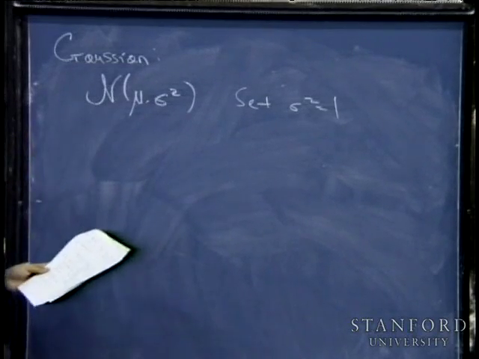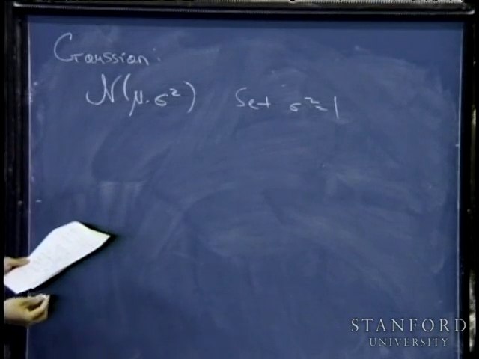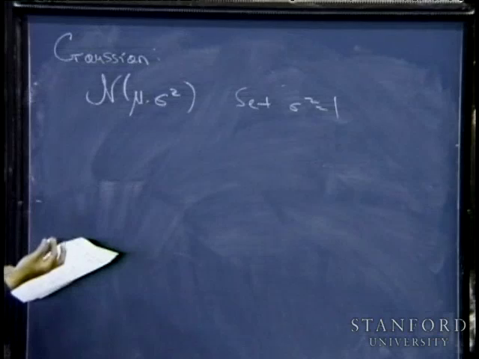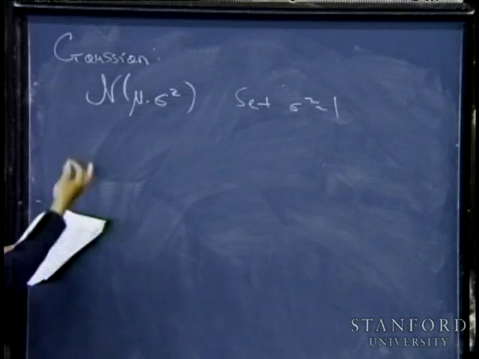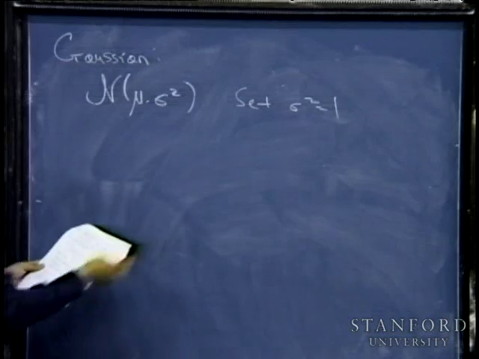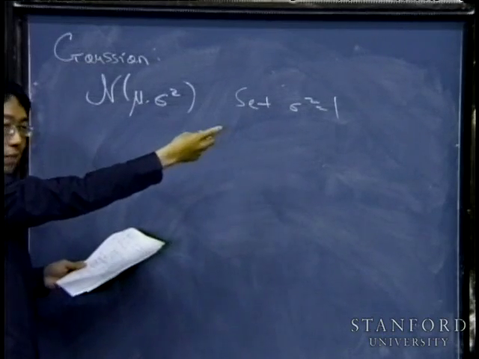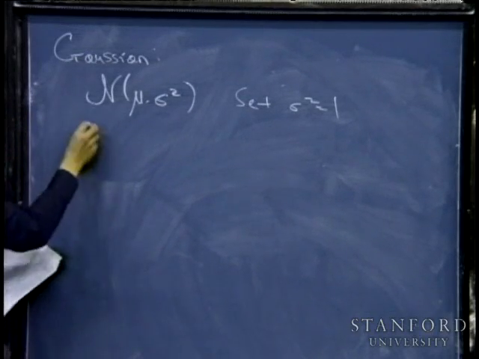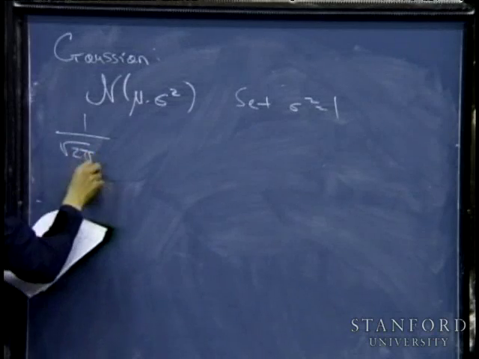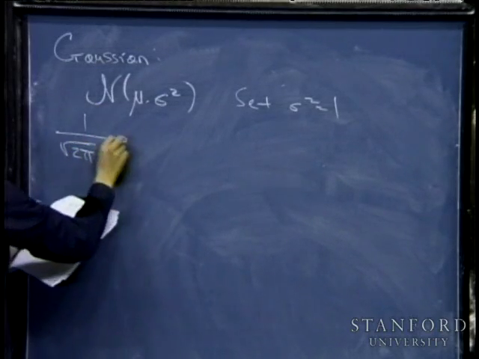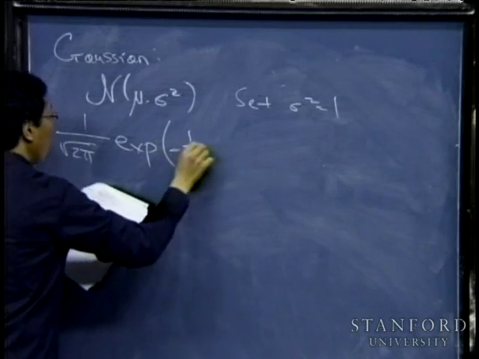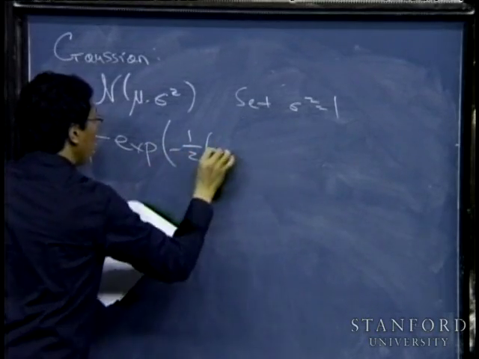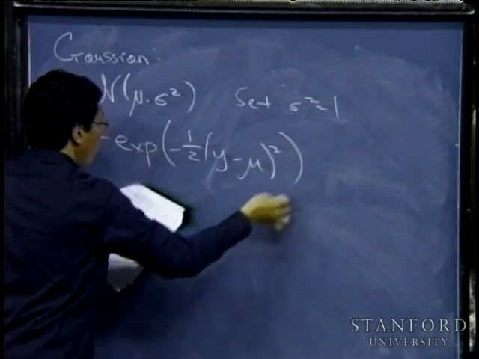The lecture notes talk a little bit more about this, but I'm just going to do this to make what I'm doing in class a bit easier and simpler today. Let's just set sigma squared equals 1. Sigma squared is essentially just a scaling factor on the variable y. So in that case, the Gaussian density is given by this: 1 over root 2 pi, e to the minus 1/2 (y minus mu) squared.